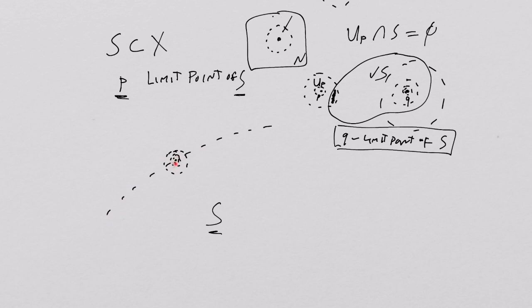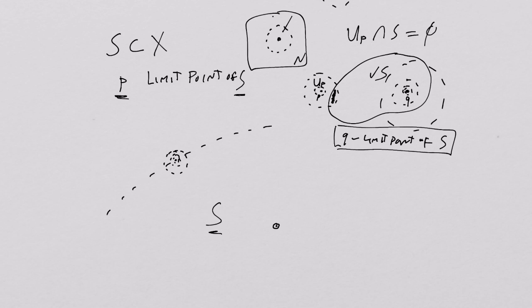And you can see that because every open neighborhood of this point here, this point Q, this point in question, always will have some intersection with S, and therefore it's a limit point. Likewise, if you were inside S, right, and say there was a point that was omitted, you know, S contains everything but this one little point right here, right?